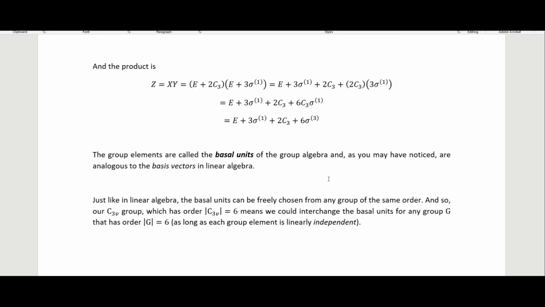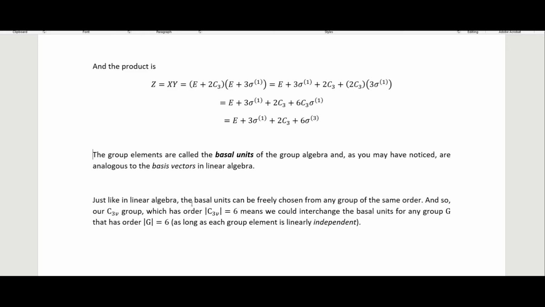I'll actually be talking about how group theory and linear algebra come together very nicely very soon in this video series. But this is already hinting at how that happens, where you can use these group elements like basis vectors here.